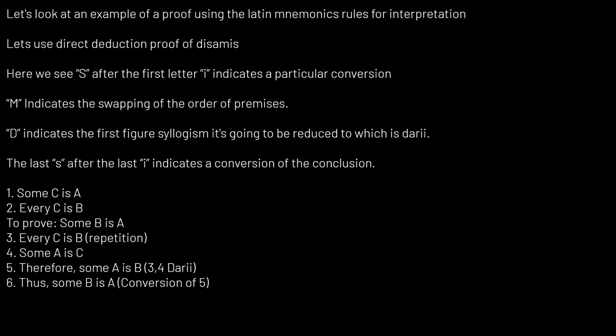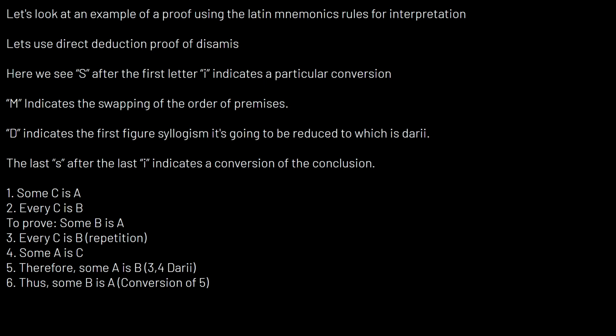Because remember, the figure of a syllogism is dependent on the placement of its middle term. If the placement of the middle term is not subject then predicate, then it's not going to be a first figure, even if it's almost exactly the same proposition. So if I go from some A is C and every C is B, that is not first figure.